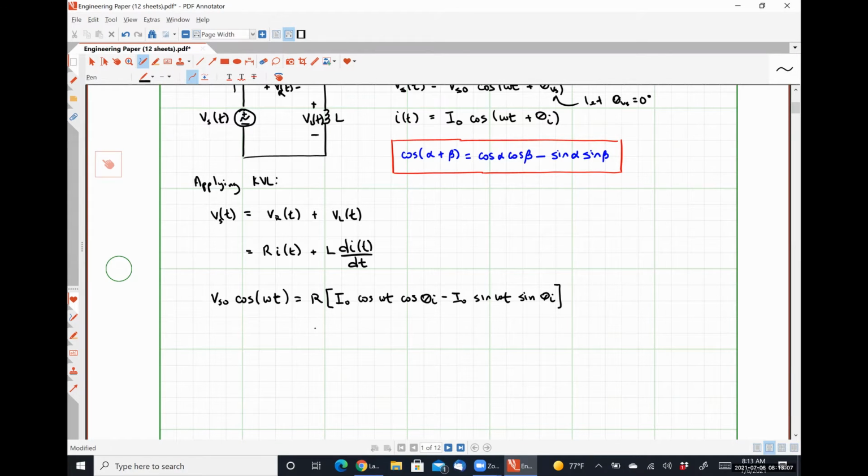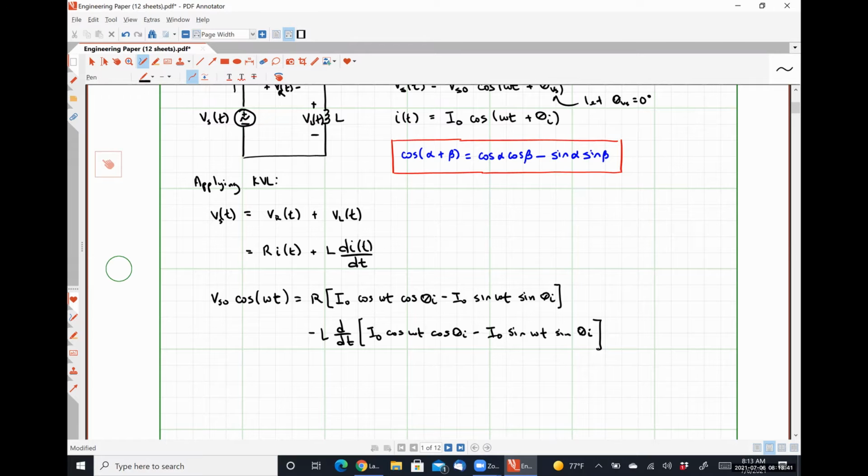Minus L times the derivative of I naught cosine omega t cosine theta I minus I naught sine omega t sine theta I. I'm going to make another simplification here real quick.